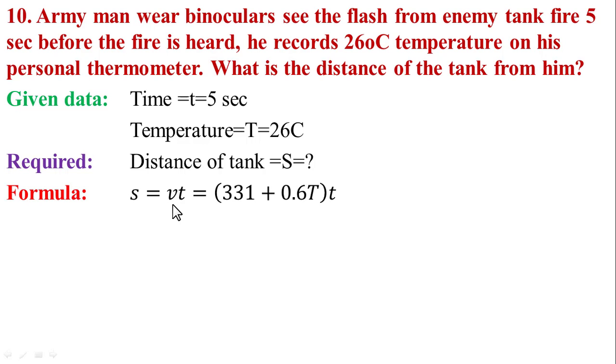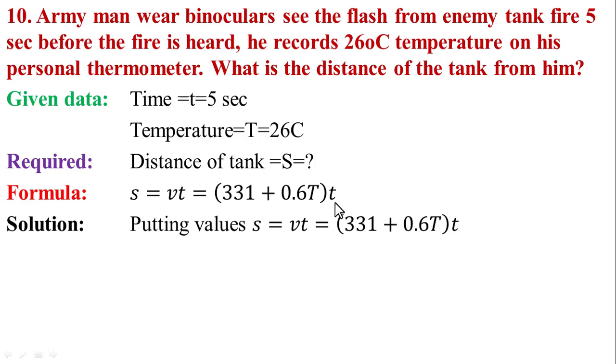Now we use the formula S is equal to Vt. Here V is the speed of sound at temperature T. So S is equal to 331 plus 0.6 multiplied by T, multiplied by time t.